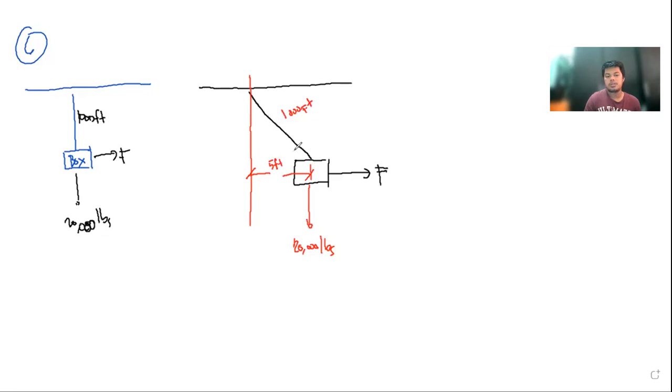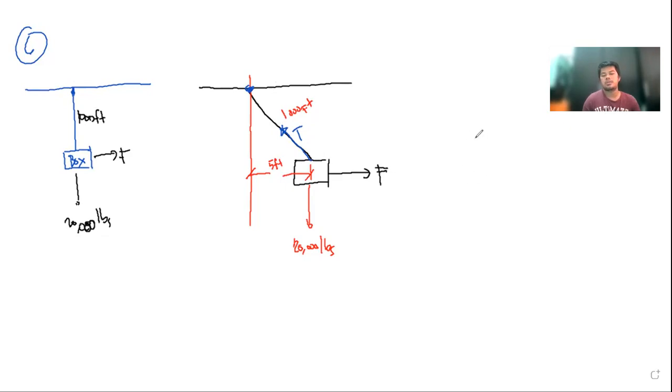And then of course, do not discount the word tension. So the rope, which holds the box from the roof, will also experience tension.